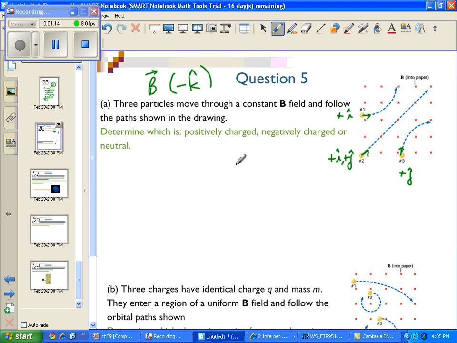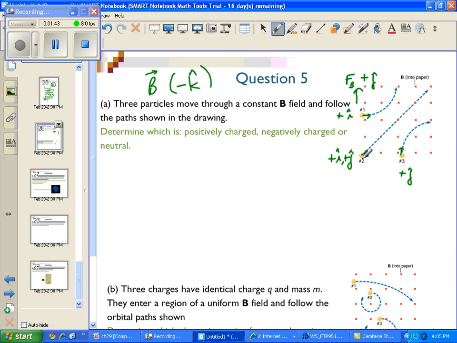And what we need to do is to decide which of these 3 particles experiences a magnetic force, and then what direction is the magnetic force. Well, if you look at particle number 1, it comes in to the right, but you see that it bends upward. Bends upward means that there must be an FB in the positive j hat direction.